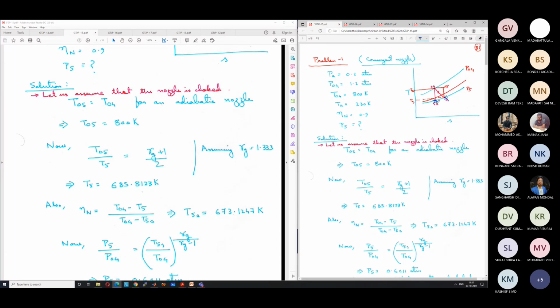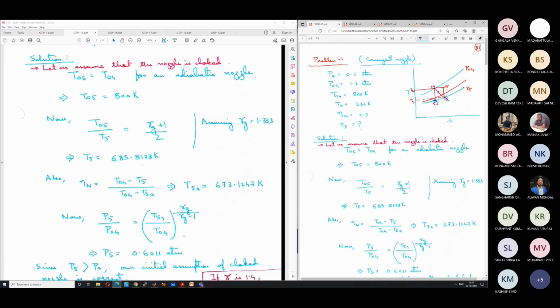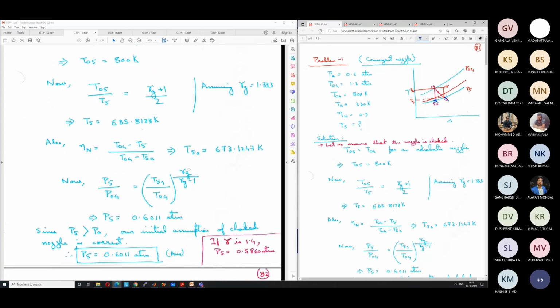Once you find T5s, for this isentropic relation, P5 by P04 is equal to P5s by P04, which is equal to T5s by T04 to the power gamma by gamma minus 1. Here gamma is 1.333.